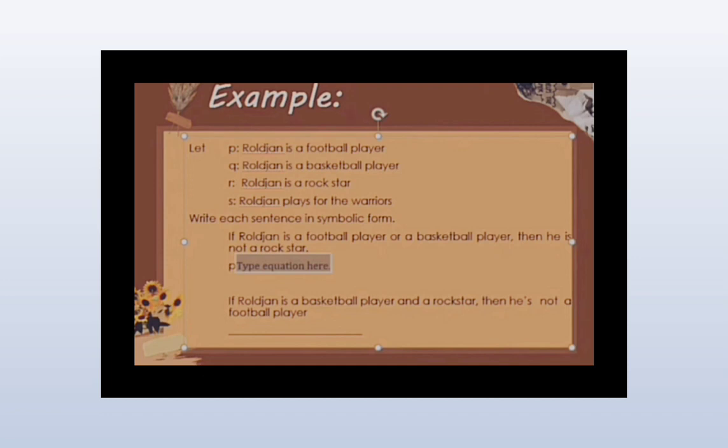Okay, so or basketball player. Okay, we let this one as Q. So we have here Q. Okay. Then comma. So therefore, this is inside the parenthesis because we have here comma. Alright?